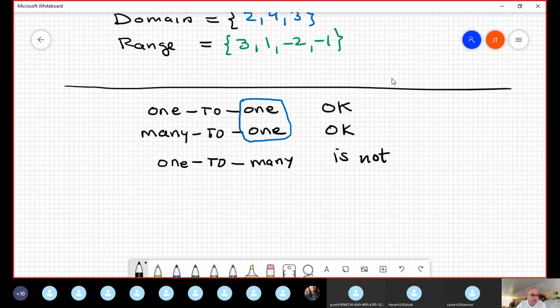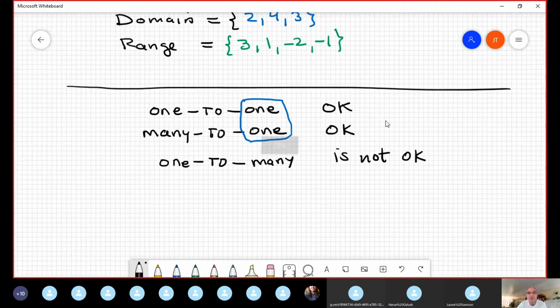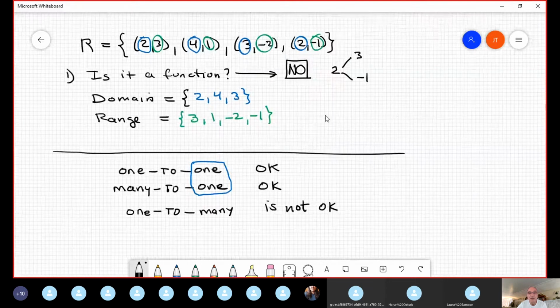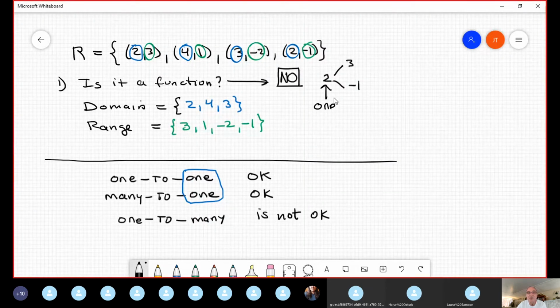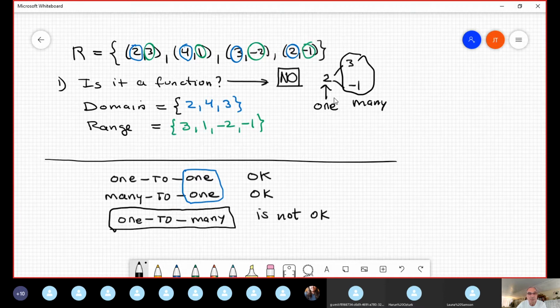In our specific example, let me come back to the sample. I can see that we have one, which is 2, associated with many, which are these. And one-to-many is not okay. Do you understand now? A little bit. Okay, super.